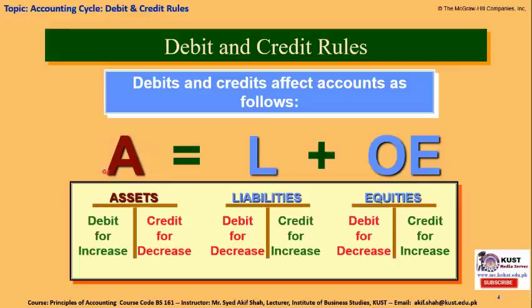So if the company's assets are increasing because of any economic transaction, so when there is an increase in the number of assets of the company, we have to record that entry as debit.